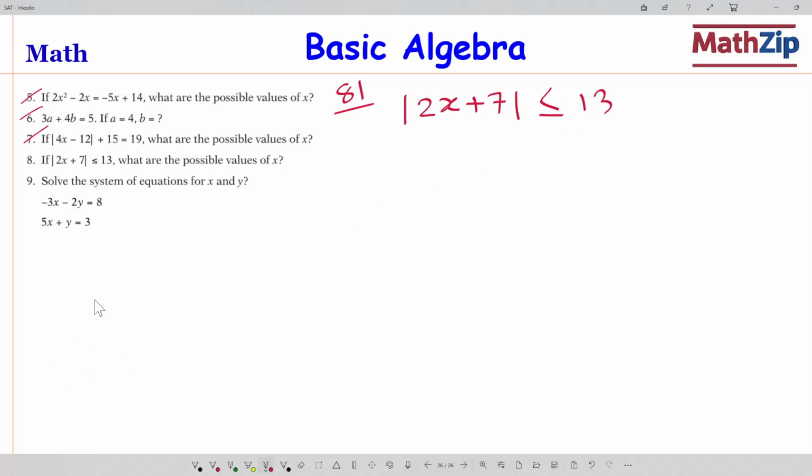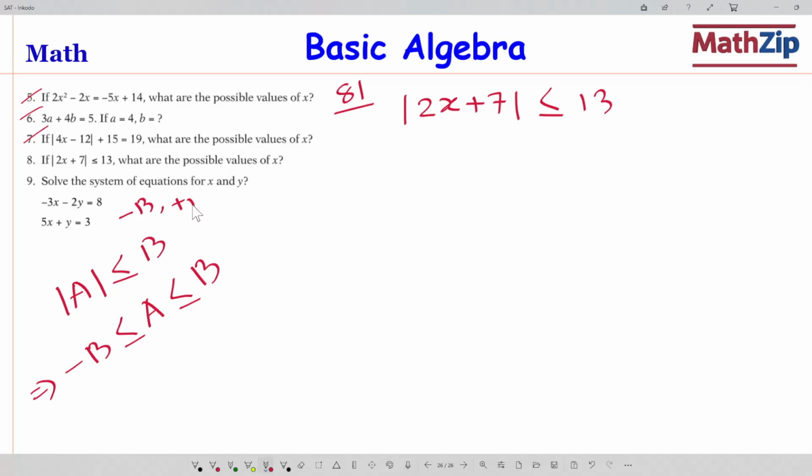We know the theory that the absolute value of a less than or equal to b means minus b is less than or equal to a, which is less than or equal to plus b. Once we omit the absolute value, the b becomes either minus b or plus b.